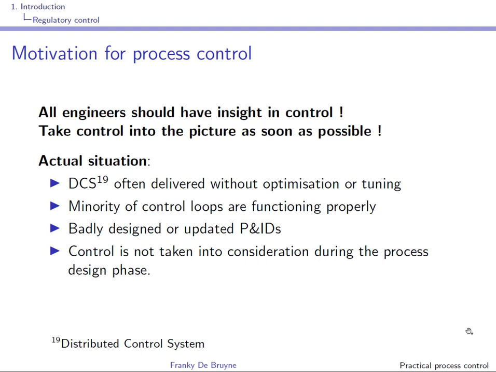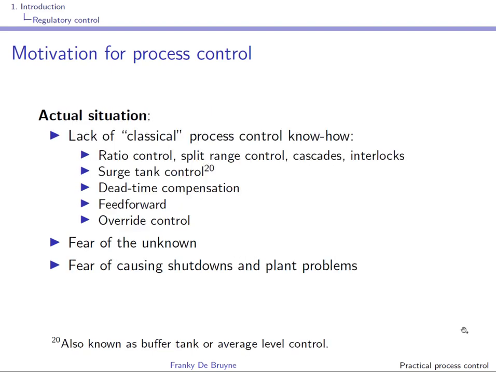The control structures are badly constructed, and this results in badly designed PIDs and hardly ever updated PIDs. Control is not taken into consideration during the process design phase. These badly designed control structures come from a lack of classical process control knowledge.